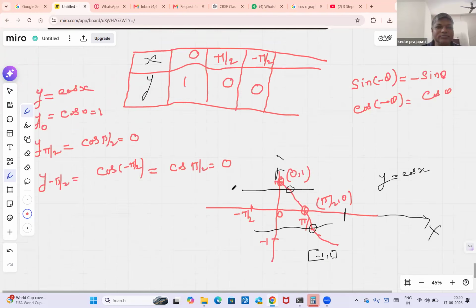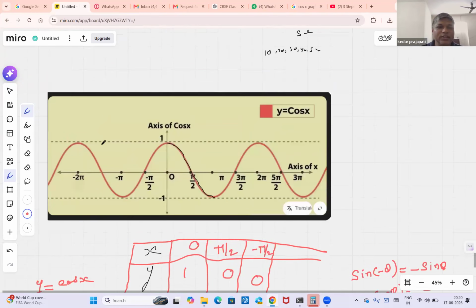Okay. So what I'm saying is, now the curve is like this. From here it is coming, cutting at pi by 2 and going till here.